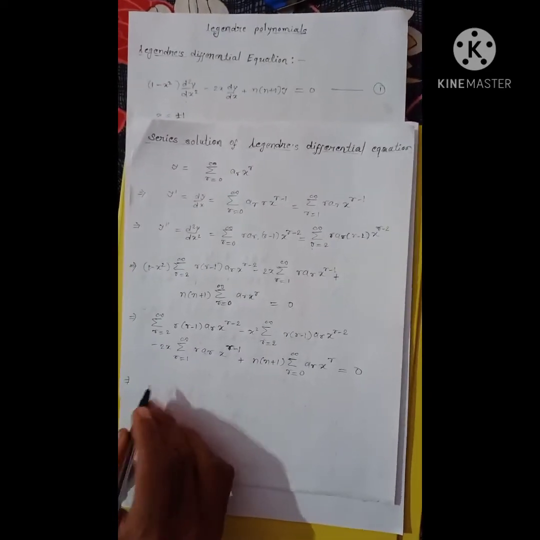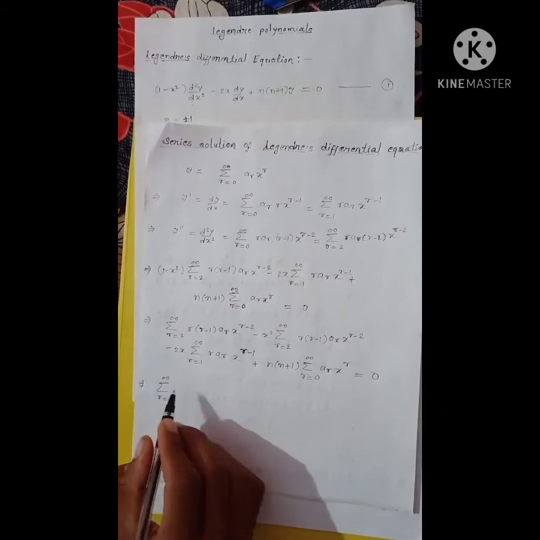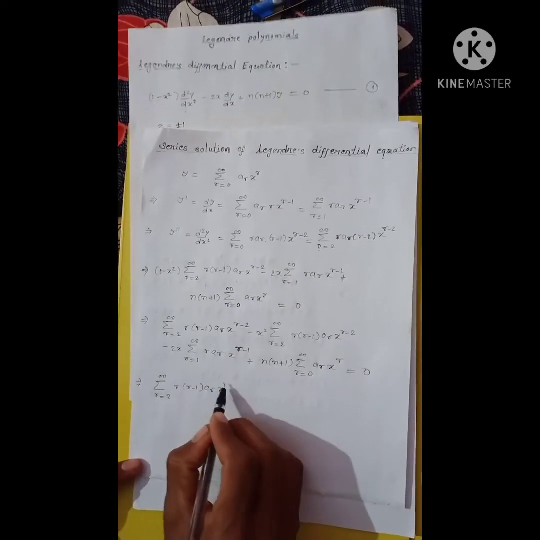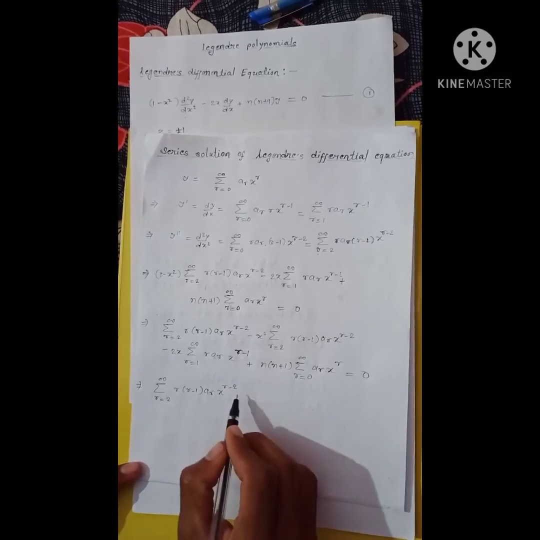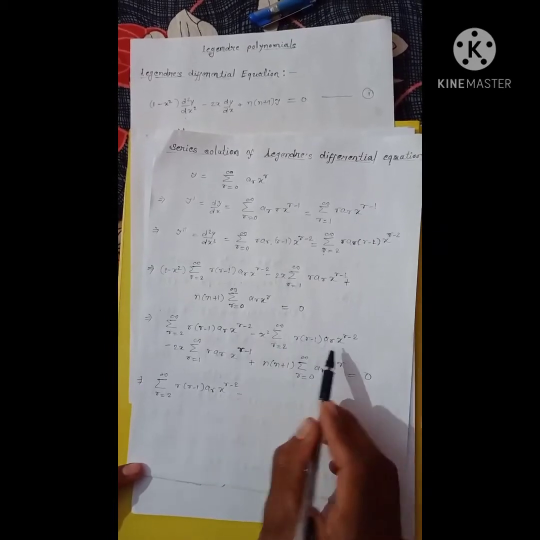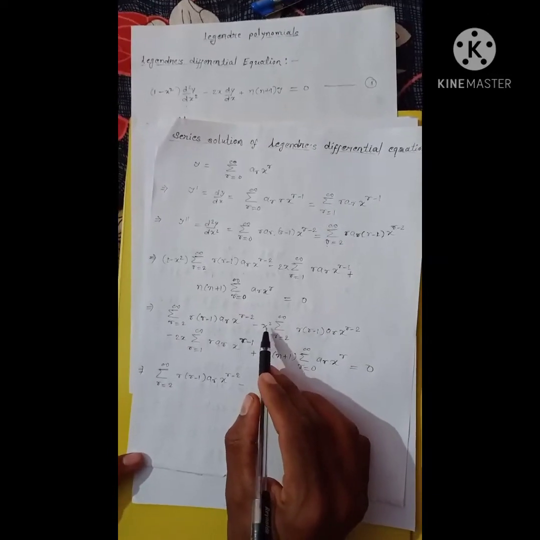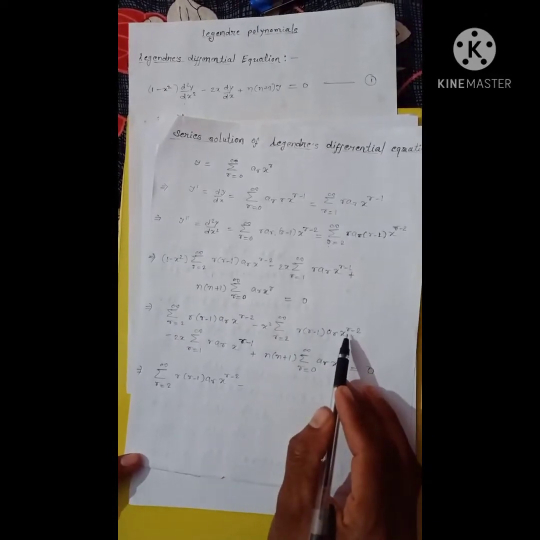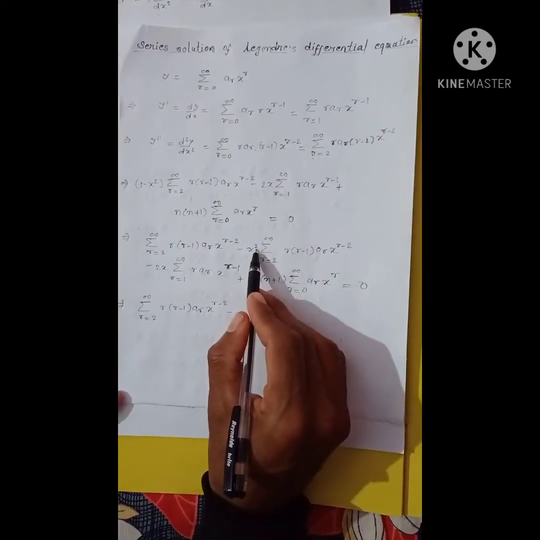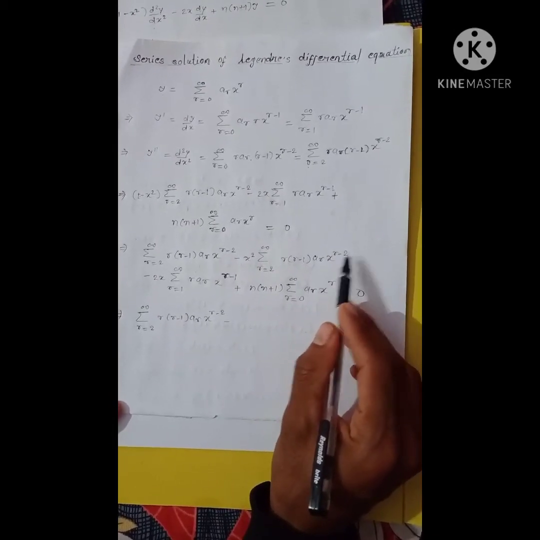So summation r equal to 2 to infinity r into r minus 1 ar into x to the power r minus 2, minus this x square into this x to the power r minus 2 becomes x to the power only r, because this plus 2 and this minus 2 will get cancelled.